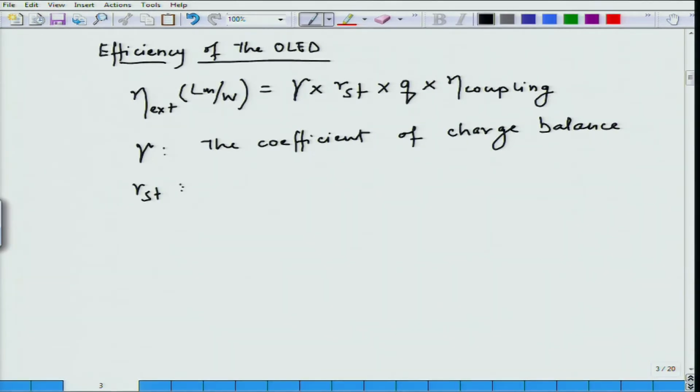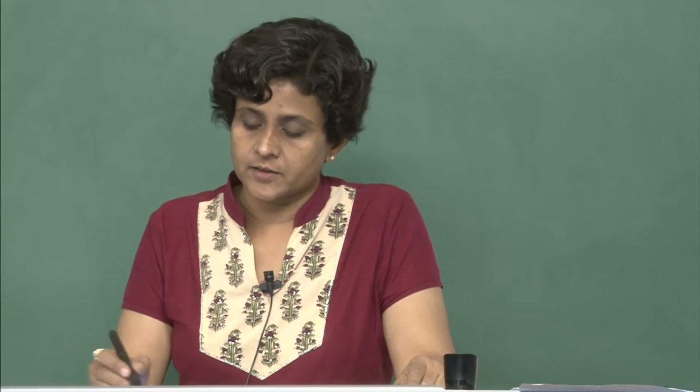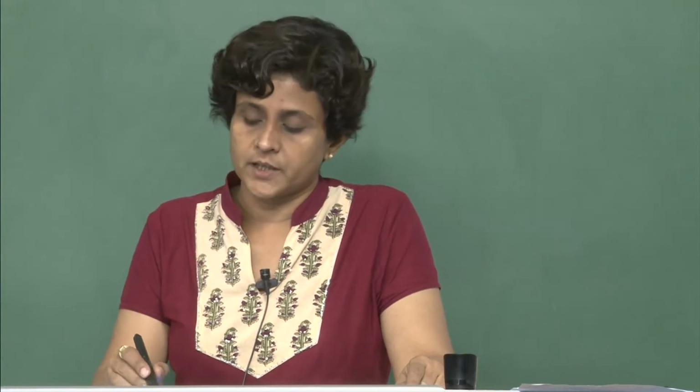R_ST is the singlet triplet ratio, because in normal fluorescent materials only the singlets are the ones which give radiative emission, hence the triplets will not be emitting, hence one needs to find out how many singlets are formed in a material.